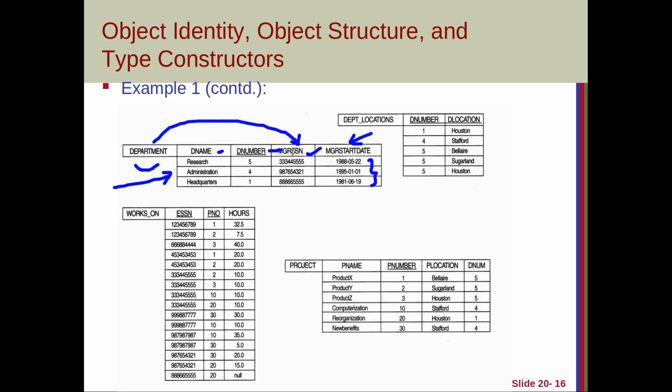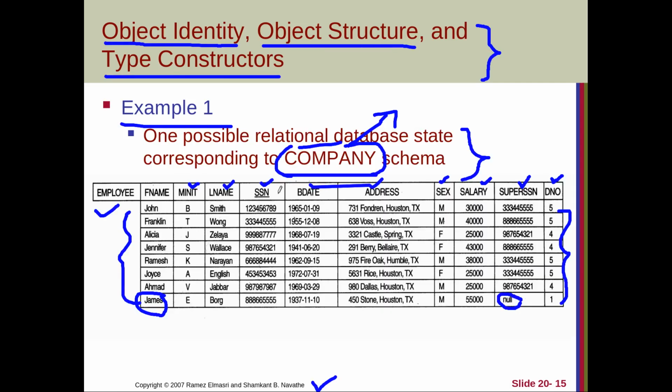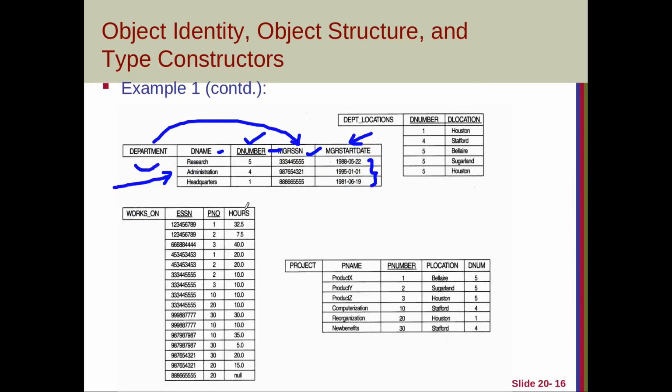In this department table, D number is the primary key, which is why the underline is given there. In the previous case, the social security number is the primary key used to identify the table uniquely, and we have underlined it. In the normal relational data model representation, the primary key attribute is separately given and underlined.